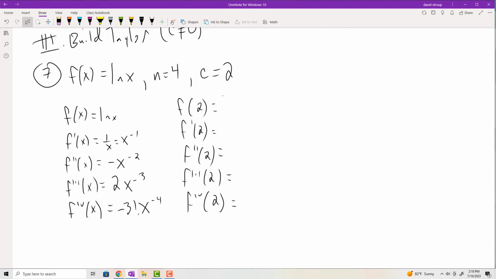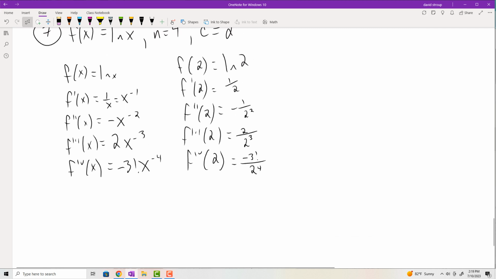Evaluate. This will be ln of 2. This will be 1/2, negative 1 over 2 squared, 2 all over 2 cubed, and then negative 3 factorial all over 2 to the 4th.